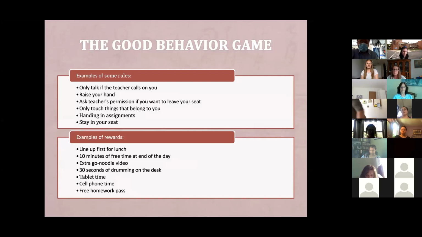So some examples of these would be lining up first for lunch, 10 minutes of free time at the end of the day, extra Go Noodle videos, tablet time, drumming on your desk, cell phone time, a free homework pass. Again, these are individualized even to the schools that you're in, because I work in the middle school and the high schools. So lining up first for lunch isn't really an option for maybe a junior that I'm working with, and he could probably care less. So again, you're going to individualize these to the students that you're working with.